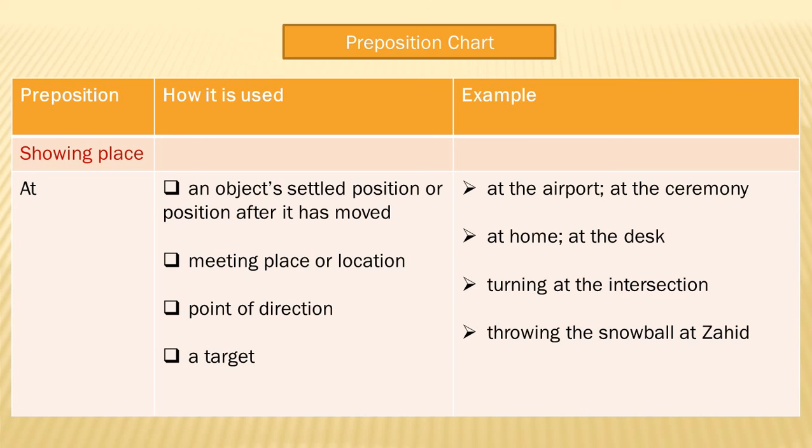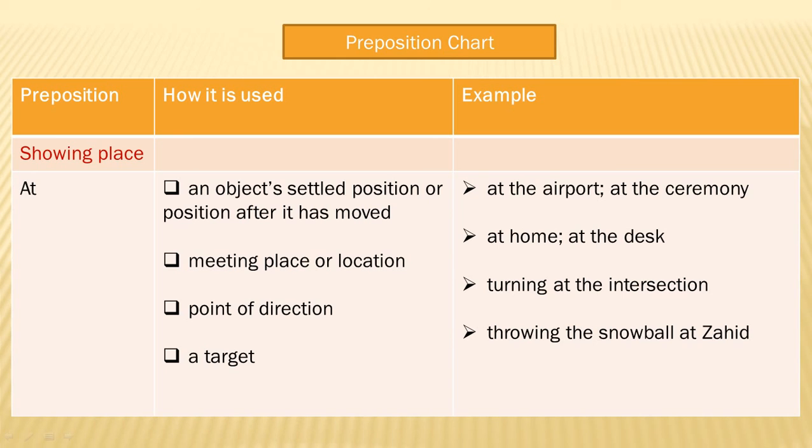Here I have discussed the prepositions of place in a chart, showing place, at. How is it used? An object's settled position, or position after it has moved: at the airport, at the ceremony. Meeting place or location: at home, at the desk. Point of direction: turning at the intersection. A target: throwing the snowball at Zahid. To mean target we use at.